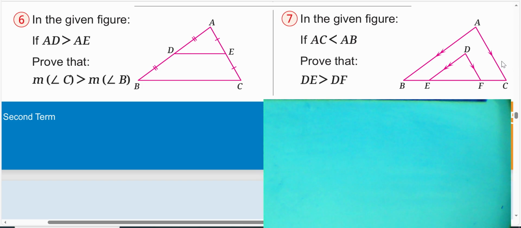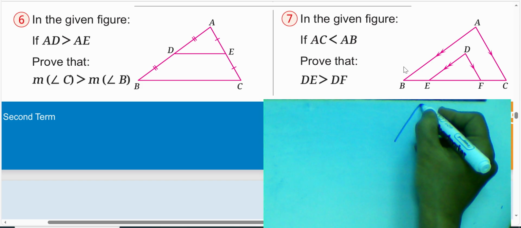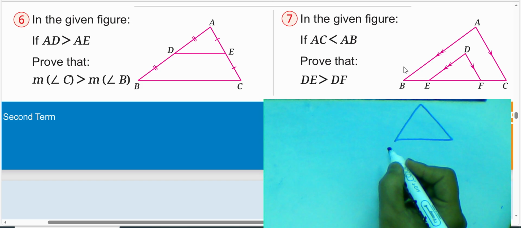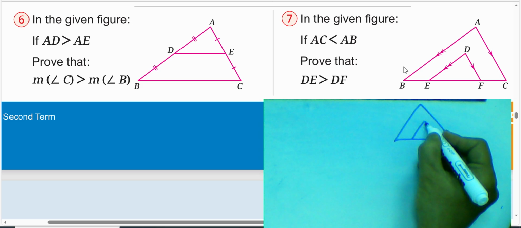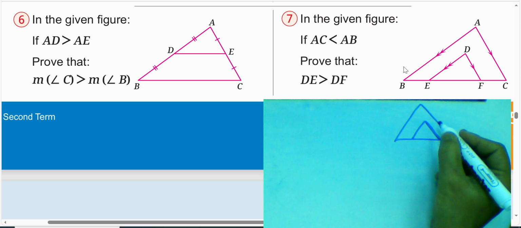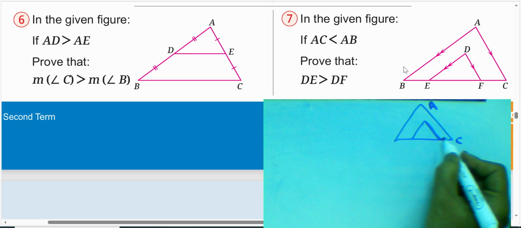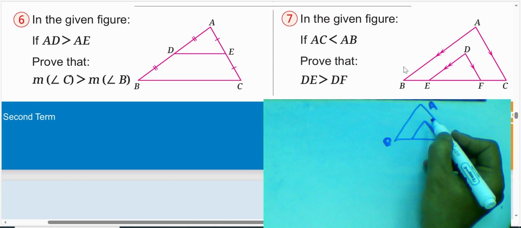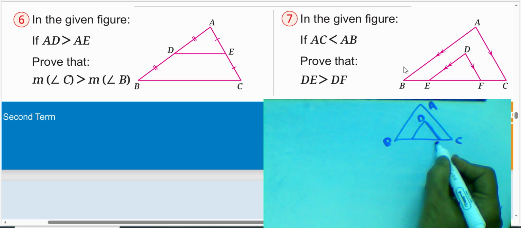Next example here, we have also the same idea. Look, we have two triangles, first and second, like this. ACB, and we have DFE.